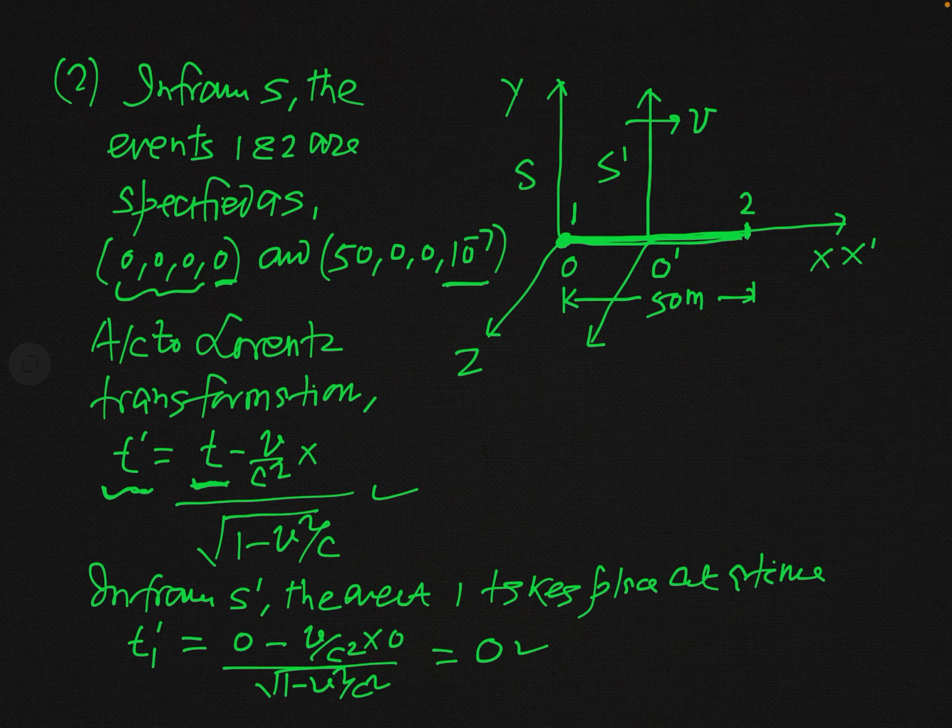So we have to calculate the time corresponding to this time 10 to the power minus 7 second in frame S prime. So in this formula now t will be equal to 10 to the power minus 7 second, and x will be equal to 50 meter, and then we will find the corresponding time t2 prime measured by the observer O prime of frame S prime.